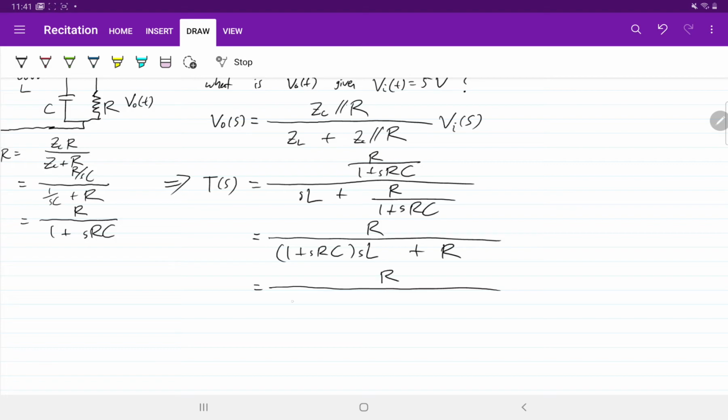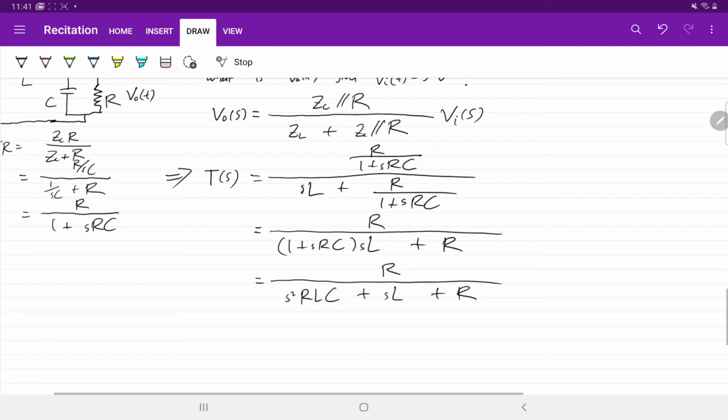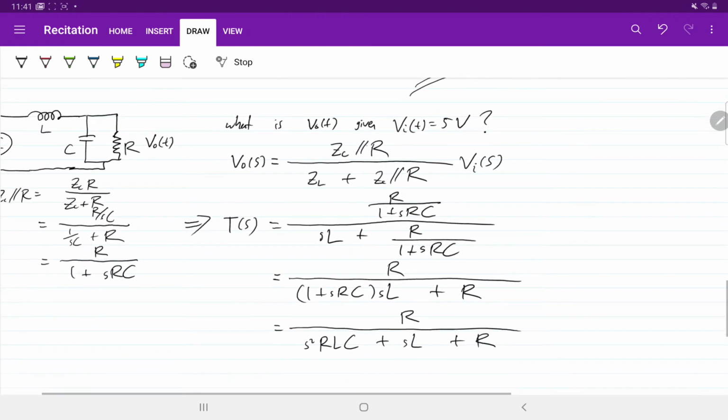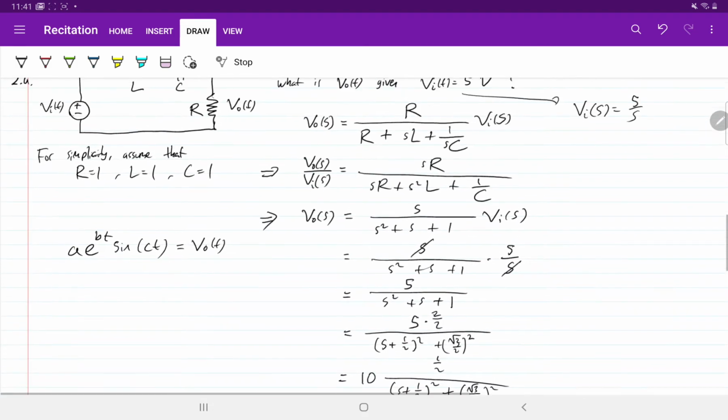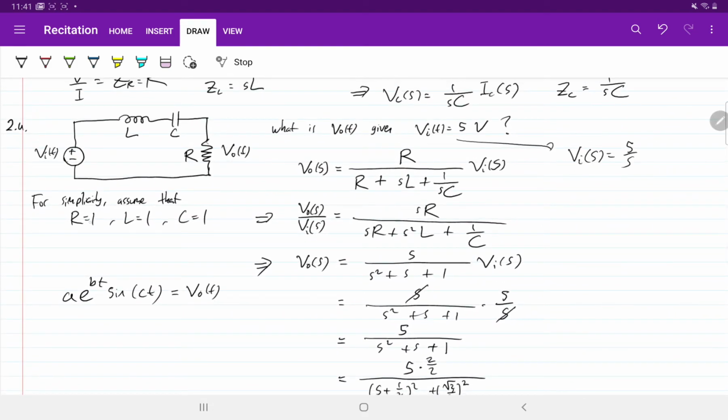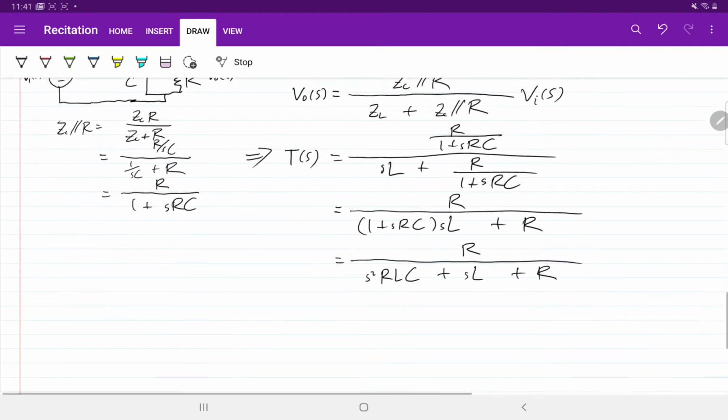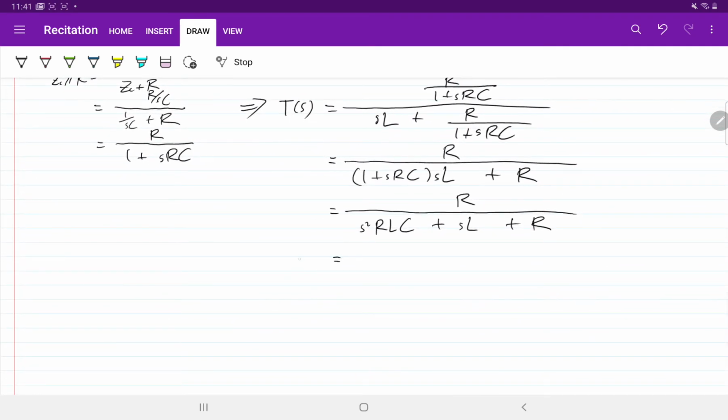This is nothing but S squared RLC plus SL plus R. Now again, for simplicity, let us assume that R equals 1, L equals 1, C equals 1. So all of them are 1, then the transfer function is simply 1 over S squared plus S plus 1, right?